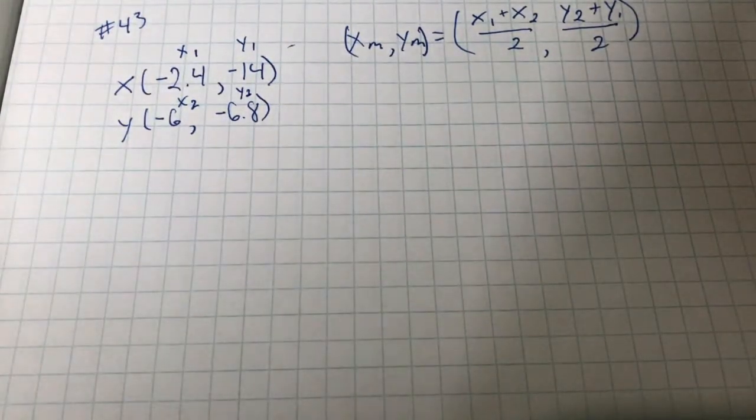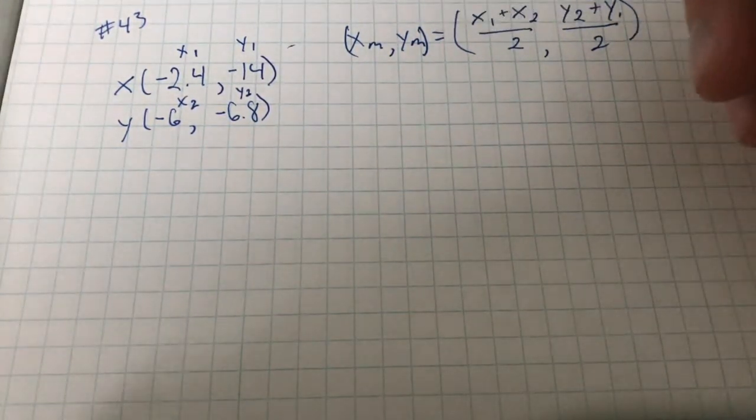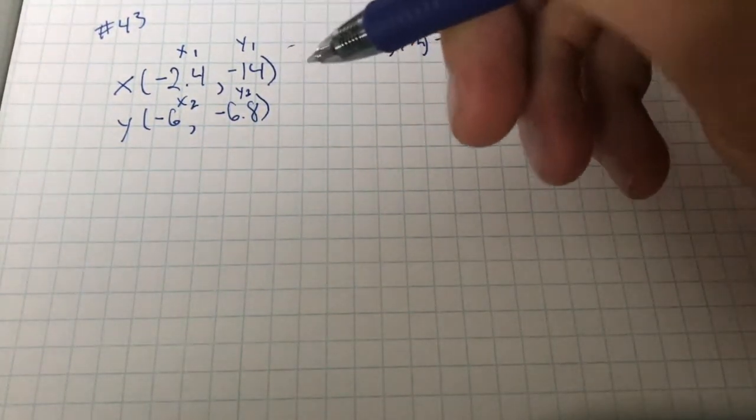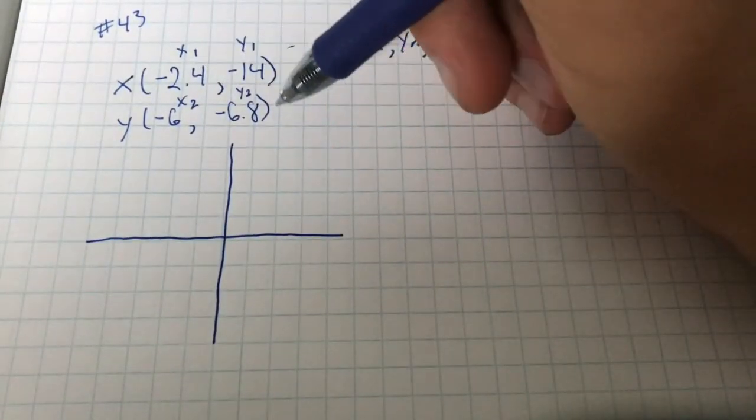I'm going to give you the hard way first, which is putting those points in here. Actually, no, I'm going to do exactly what I tell you in class. We're going to draw a diagram first. So x and y axis, negative 2.4, negative 14.